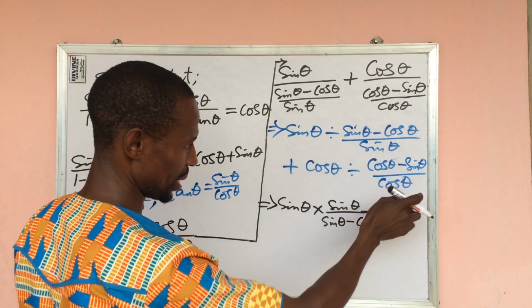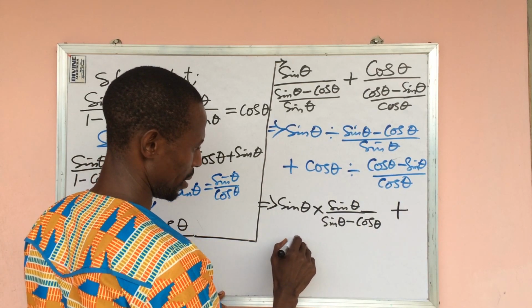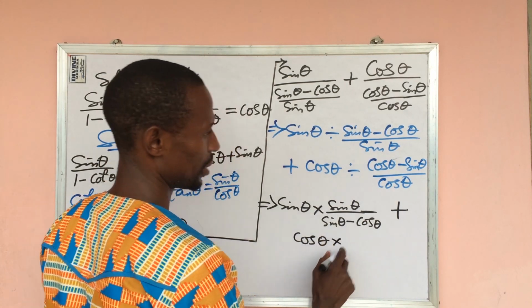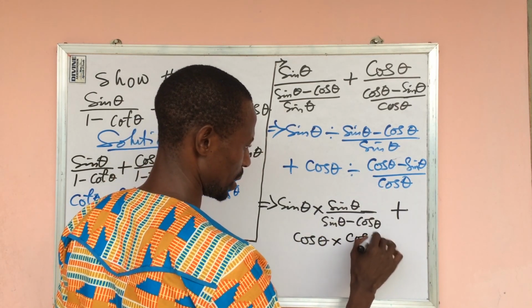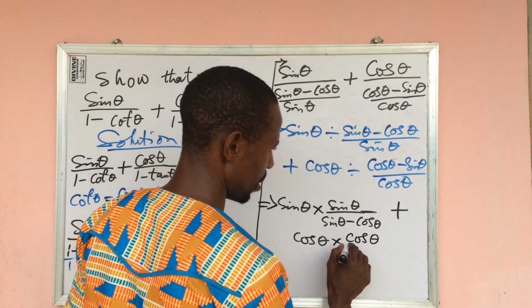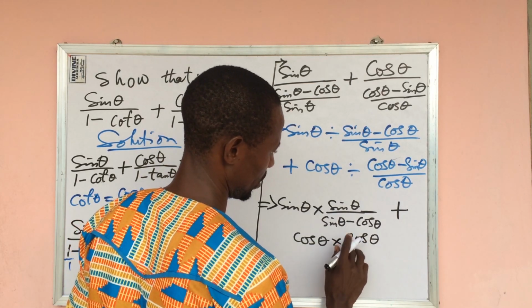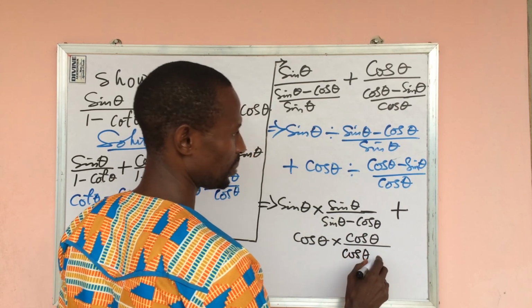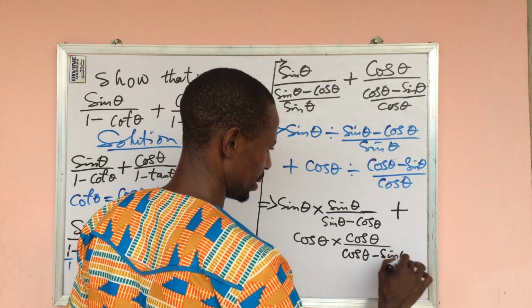This will also go up, while this will come down. So we have here cos theta times cos theta all over cos theta minus sin theta.